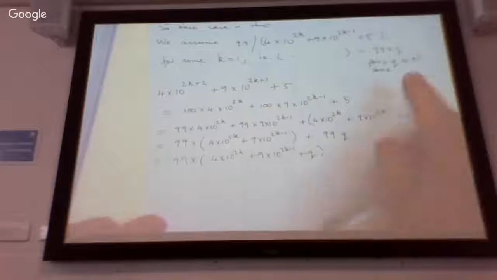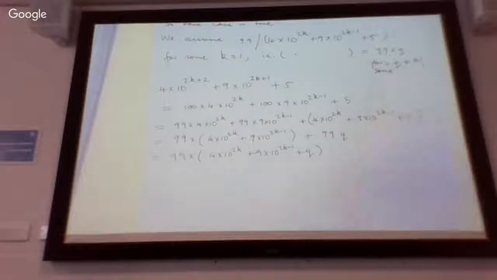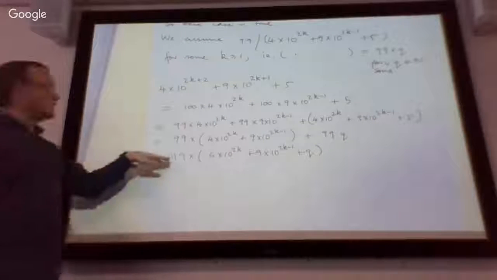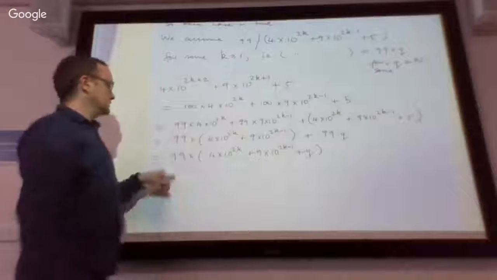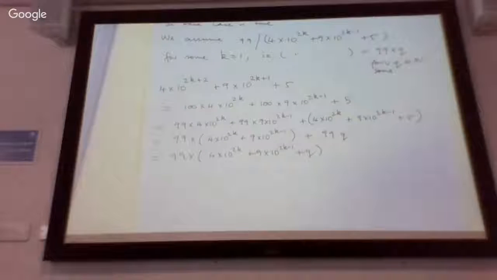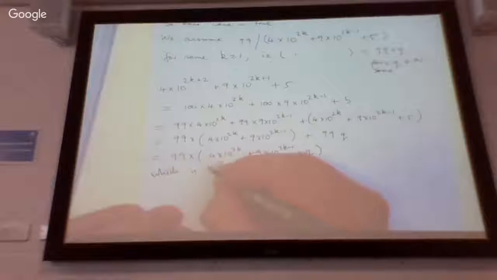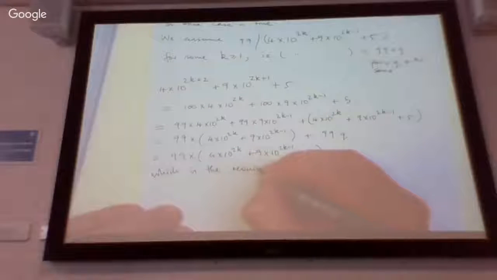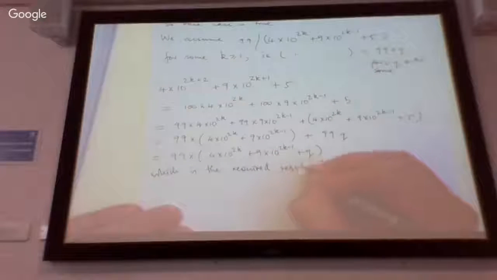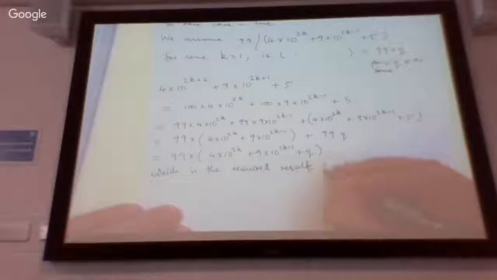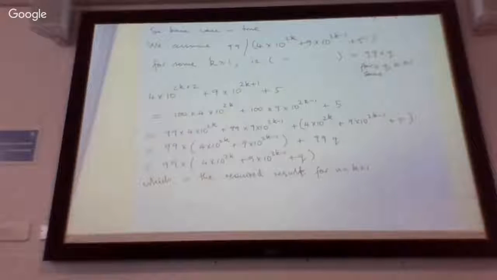So this q is the same q from up here. So we've shown clearly that this quantity is divisible by 99. So this is the required result for n equals k plus 1.